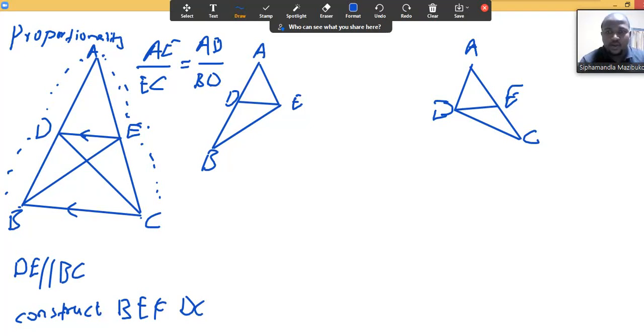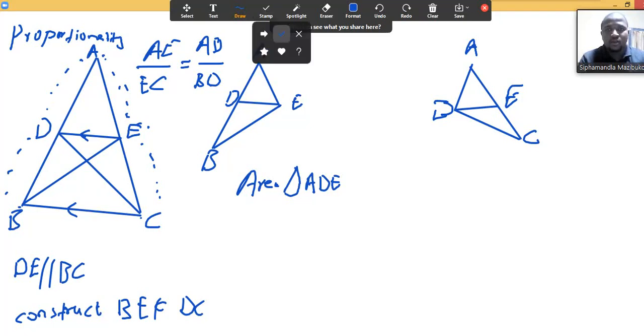Let's say we're looking at the area of a triangle ADE. So if you're looking at the area of triangle ADE, we can look at this line here, or we can construct another line.